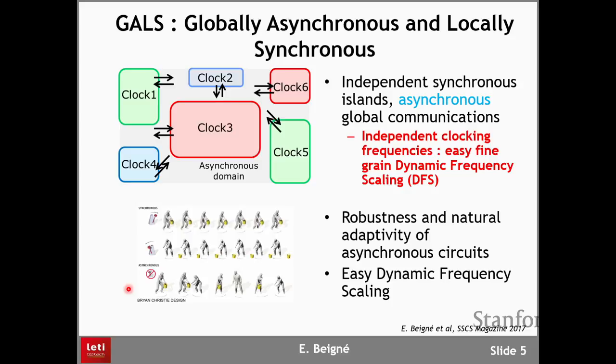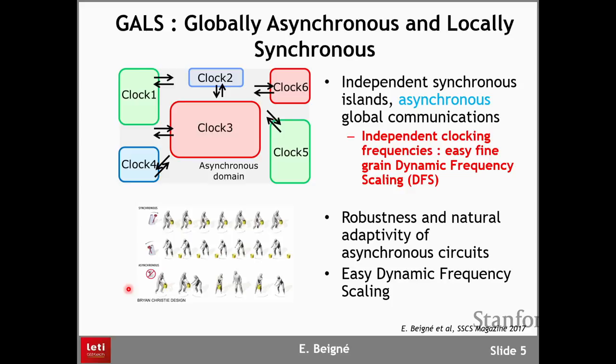Then the neighbor will wait as long as this person is not able to get the bucket. So it means that whatever the variation, the circuit will always be functional, at the cost sometimes of some more delay. But in terms of robustness, it's really interesting when you think about different islands communicating together at different frequencies. Then you can synchronize really easily.